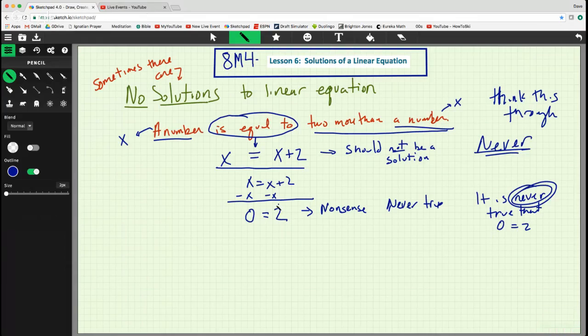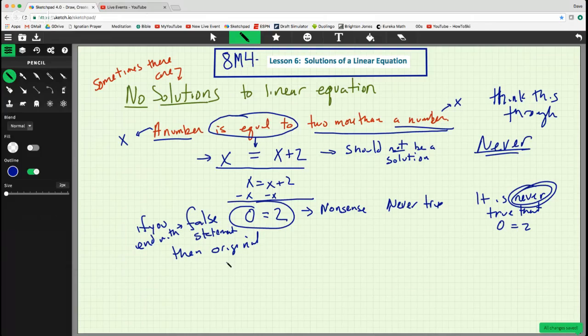So that means if you start with this sentence here and you end with a false statement, then the original equation is false and has no solution.